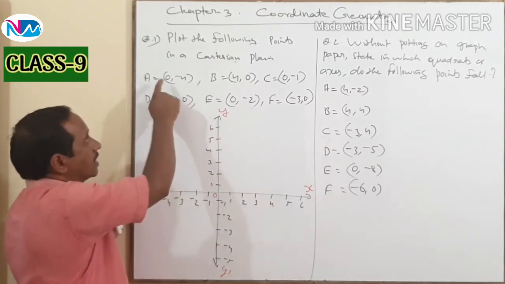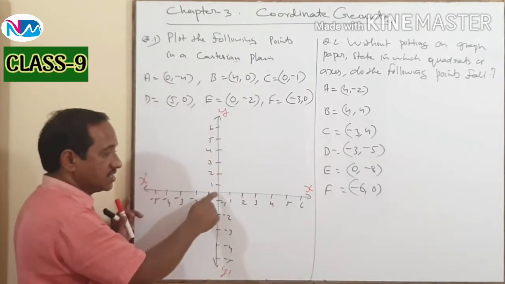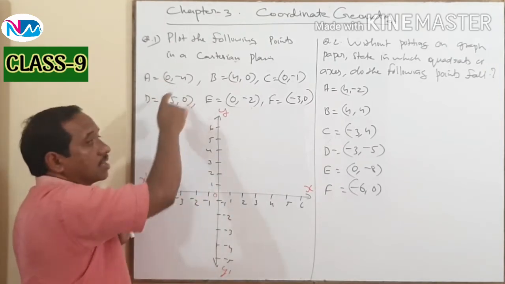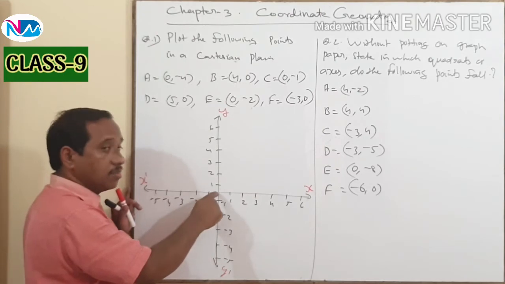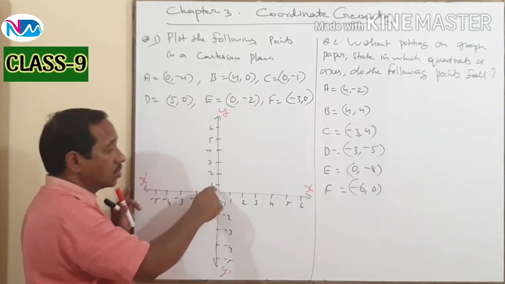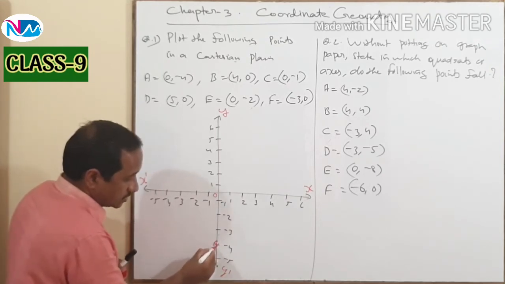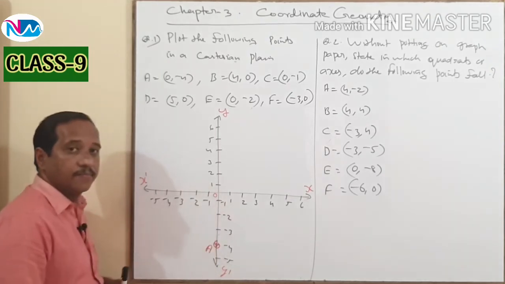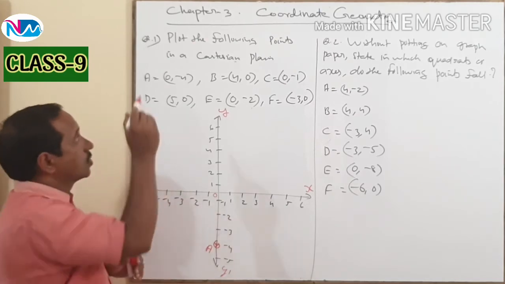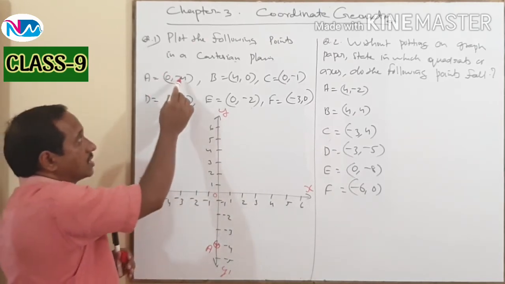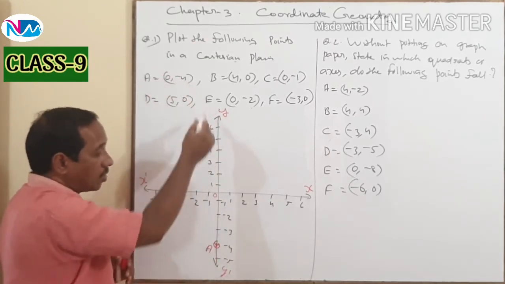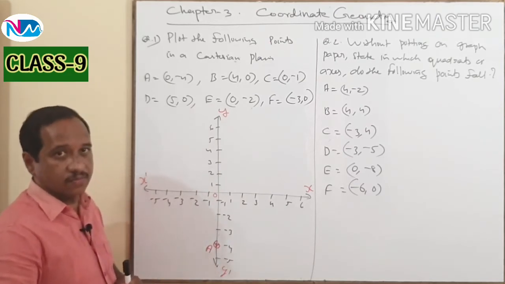So for the first point, x-coordinate is 0 means this is the position, and y-coordinate is -4 means from the origin you have to go down, and the point is this. So this is point A. The point A, whose x-coordinate is 0 and y-coordinate is -4, is on the y-axis.